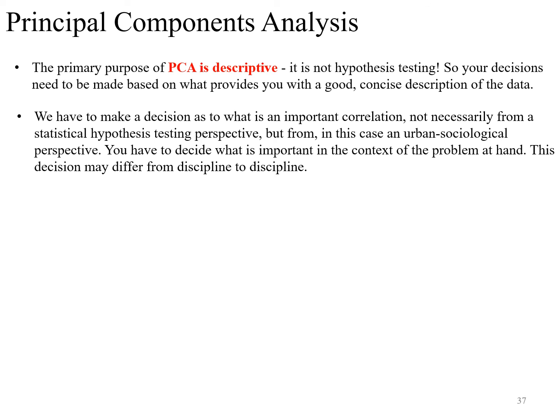We need to make decisions about what's an important correlation, not necessarily from a hypothesis testing perspective, but in this case, from an urban sociological perspective. And so you have to decide what's important in the context of the problem at hand. And that decision may differ from discipline to discipline.